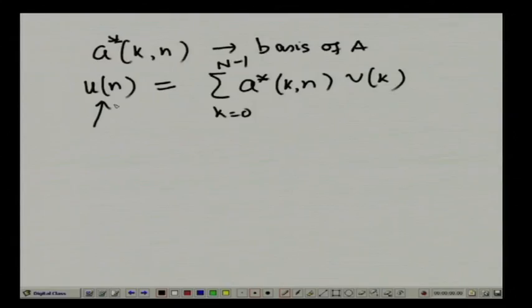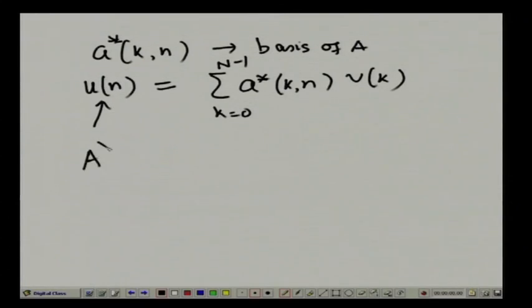Now, if this basis vector has to be orthogonal or orthonormal, then what is the property that it has to follow? If we have a set of basis vectors, and in this case we have said that the columns of A star transpose form the set of basis vectors, then if I take any two different columns and take the dot product, the dot product is going to be 0. And if I take the dot product of a column with itself, this dot product is going to be non-zero.